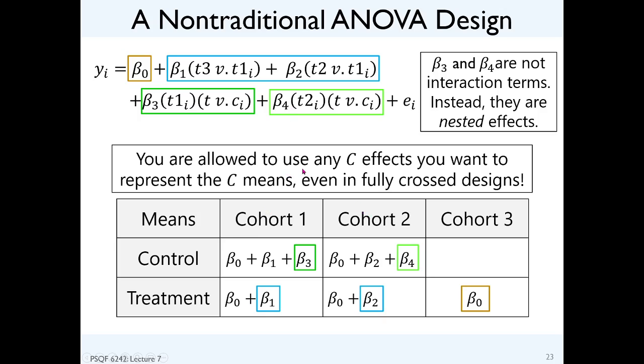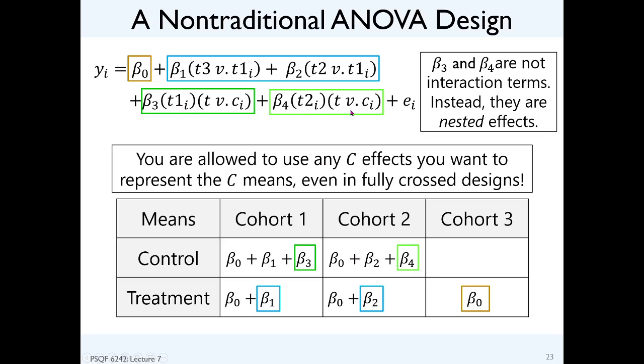And so what this is going to give us, B3 is going to directly test the difference between control and treatment in cohort 1, and B4 is going to directly test the difference between control and treatment in T2.